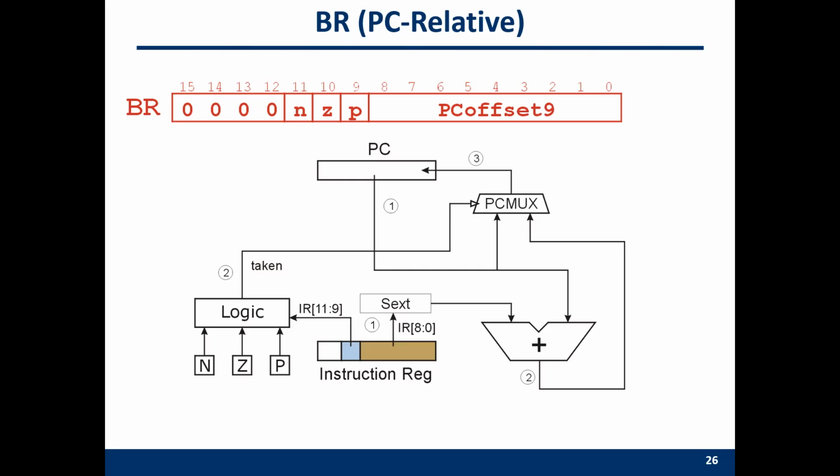For the branch instruction, the CPU first reads the condition code, which is a part of the ALU, and then evaluates whether we need to take this branch or not based on the content of the three registers.